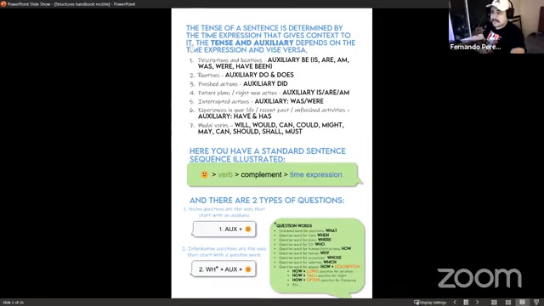What type of time expression? If I say, for example, tomorrow. If I speak tomorrow, I need to speak in future. If I say yesterday, I need to speak in past. If I say every day, I need to speak in present. This is the time that affects the verb. And the tense and auxiliary depends on the time expression and vice versa.